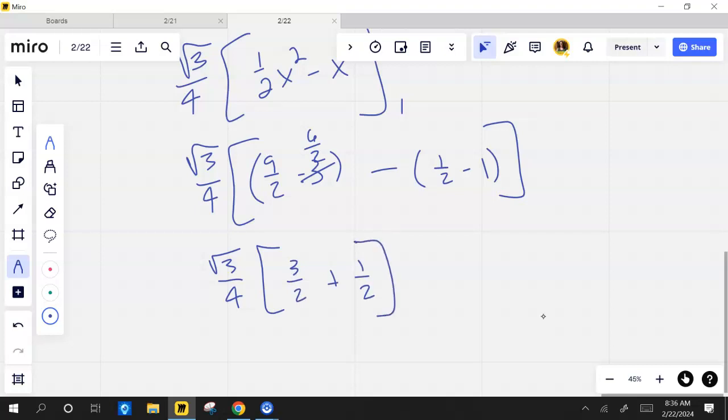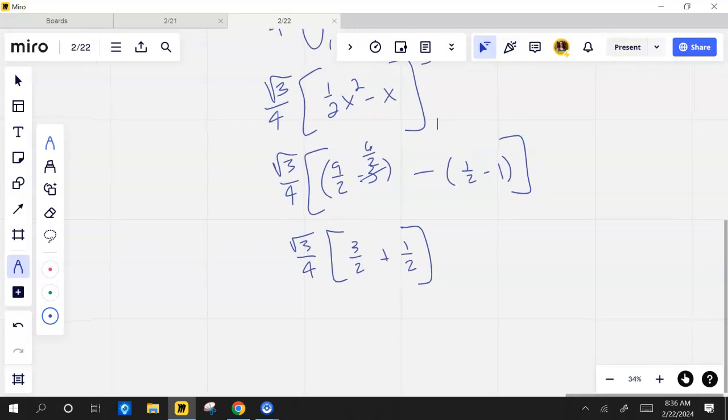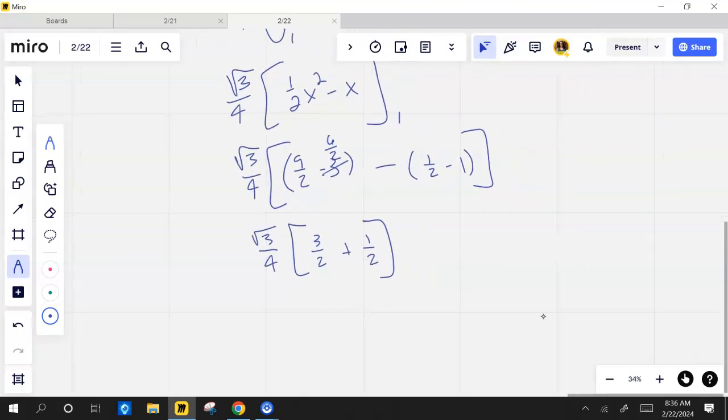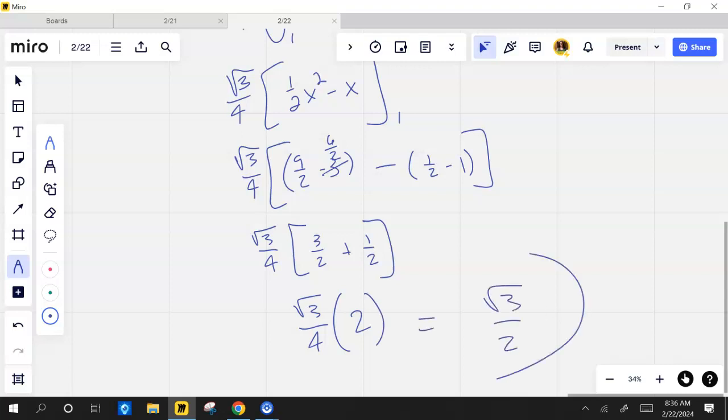You think I made it really complicated because I'm trying to do it by hand? Look how nice it comes out though. 4 over 2 is 2. Yes, 0.863. So what y'all got?